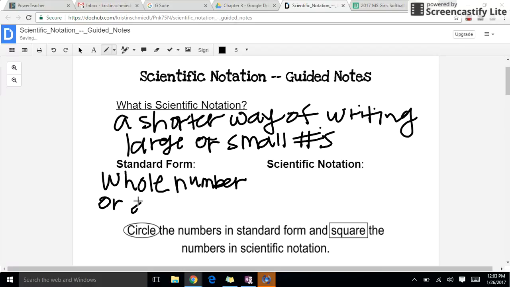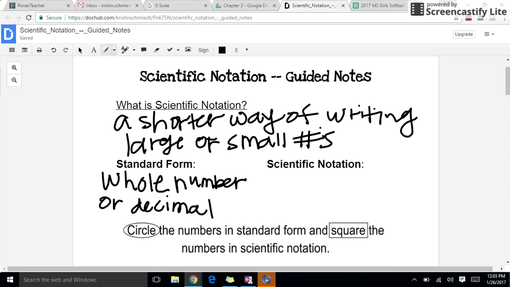Or it could be a decimal. Like 6.2? Not quite, because that starts with a whole number. So it has to be 0.62. Yes, perfect.